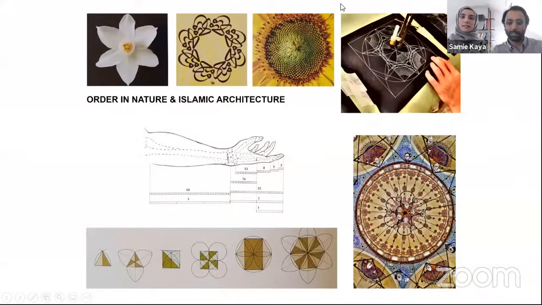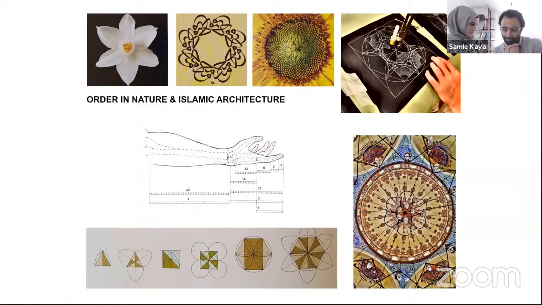Okay. Now, with this slide, we wanted to show you that one of the key things in Islamic architecture is the order and harmony inside the code of that architecture. So proportion and ratio.